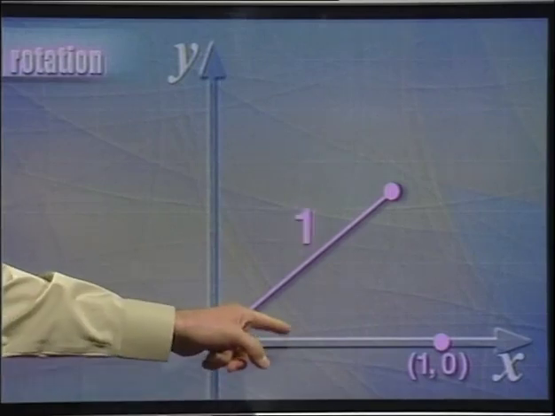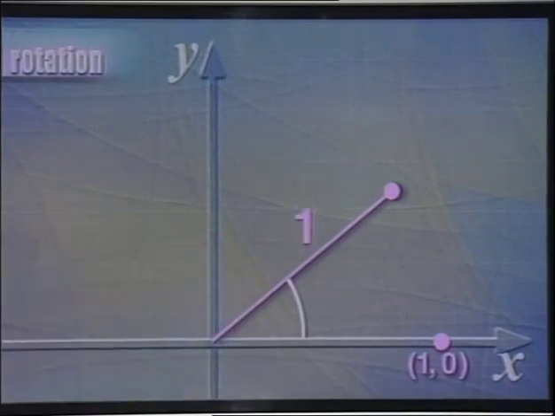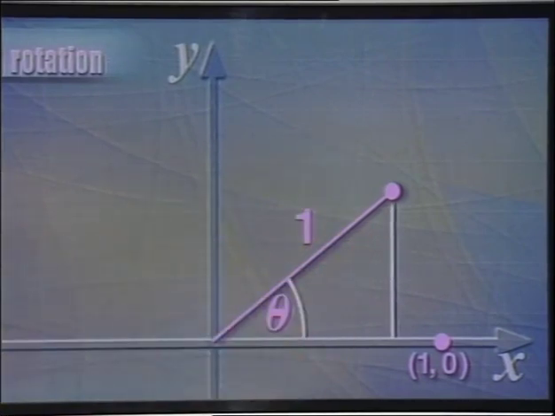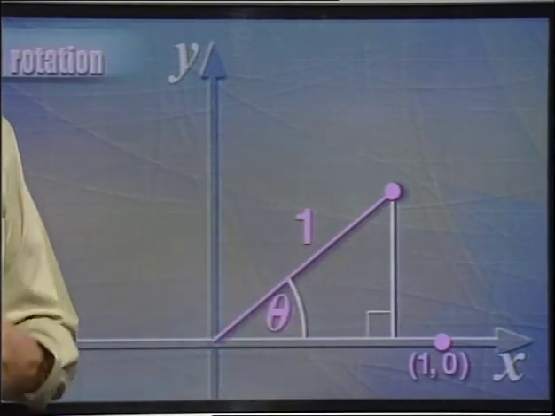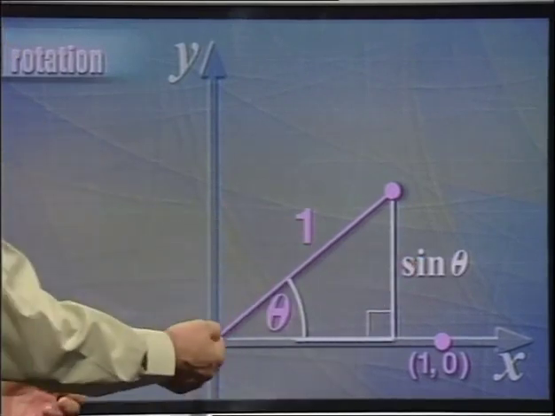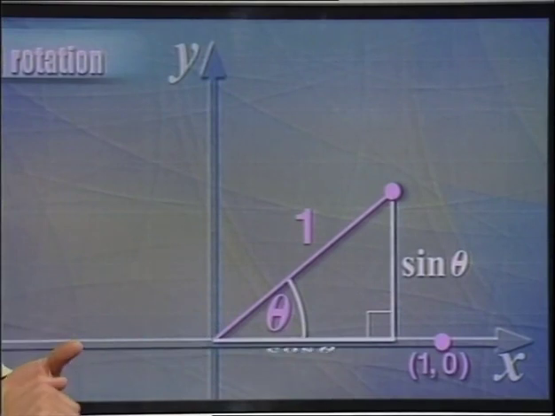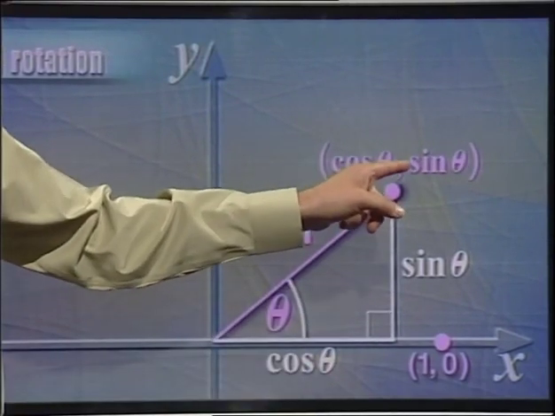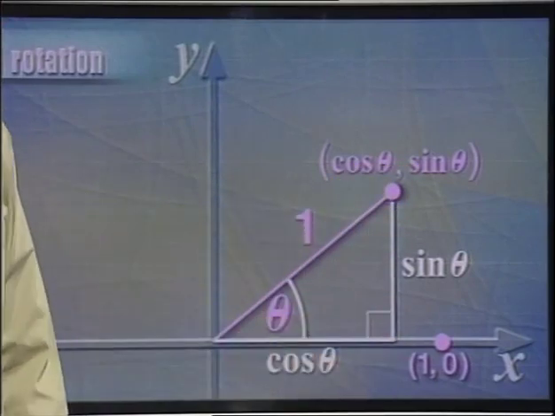And the angle θ is the angle in here. Now, by drawing the right angle triangle, we can see by basic trigonometry that the vertical length here is sin θ and the horizontal cos θ. So that this particular point is the point (cos θ, sin θ), the image of (1, 0).